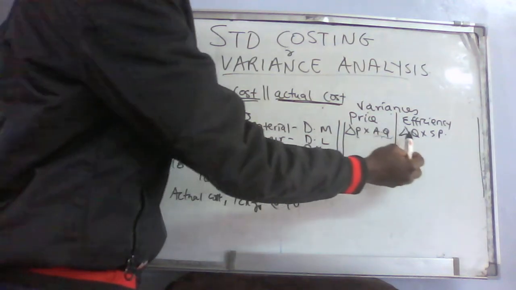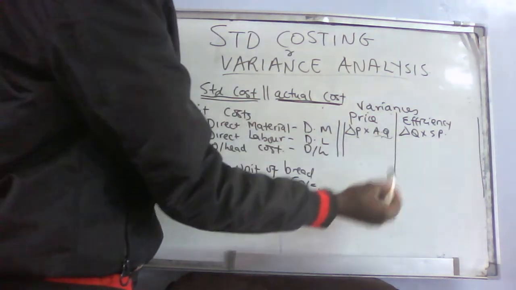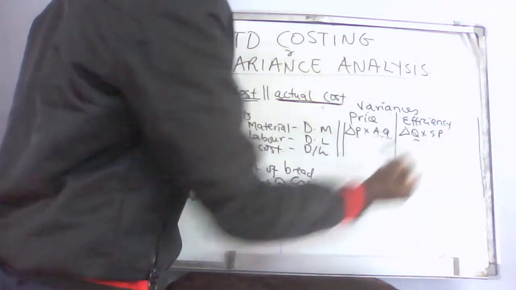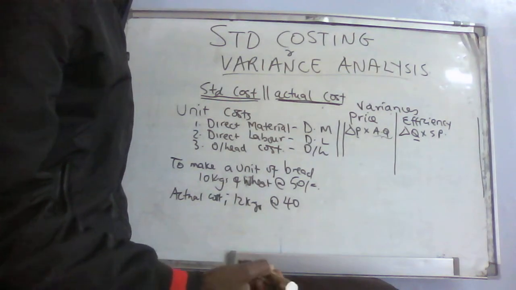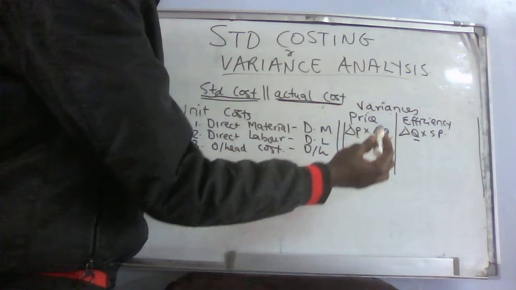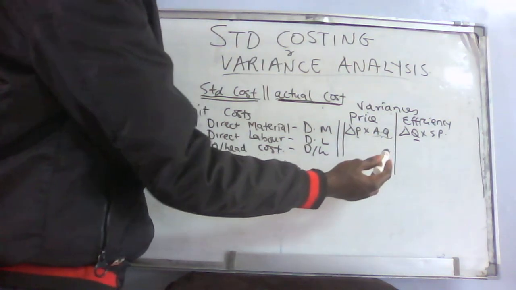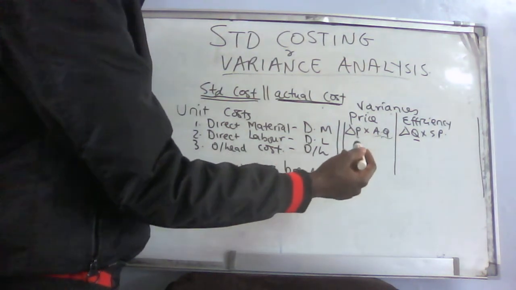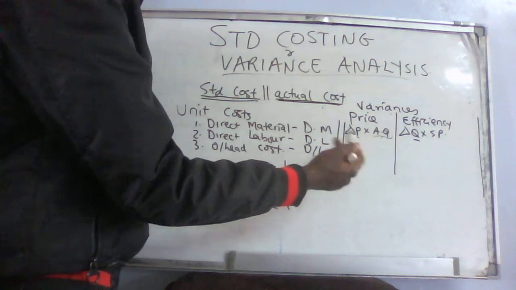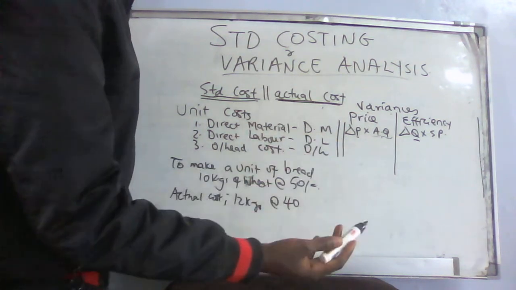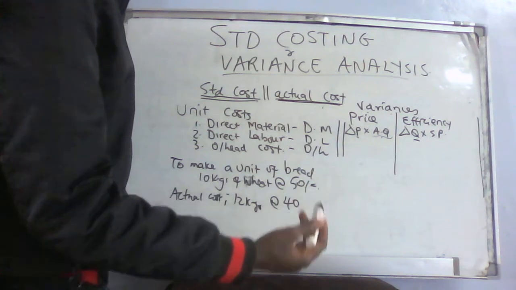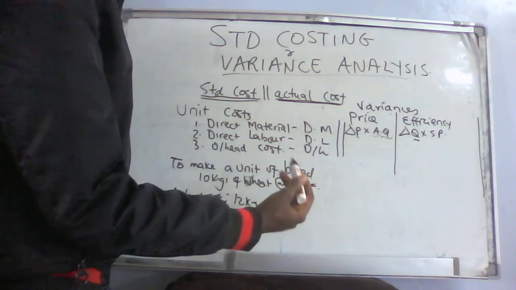Now for efficiency variances, the focus is change in quantity, because efficiency is about comparing input and output. So efficiency sometimes is called direct material quantity variance. All those are words that you find in textbooks, but the main focus is efficiency.